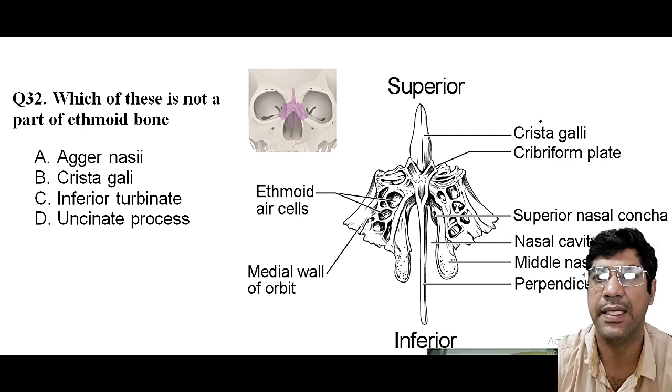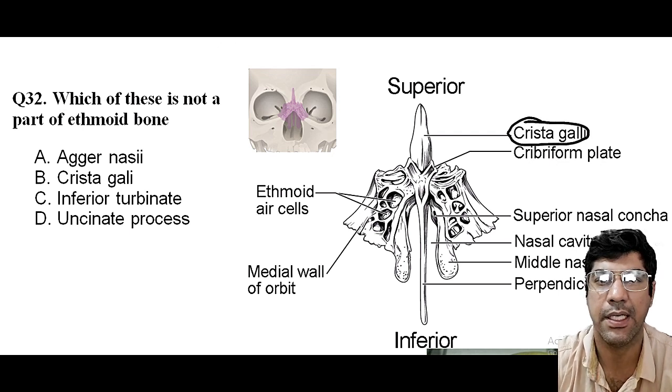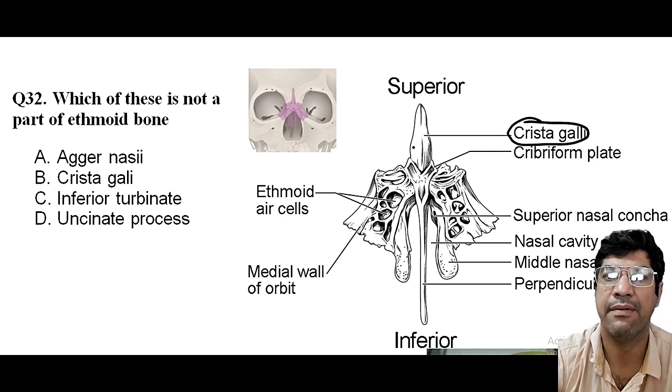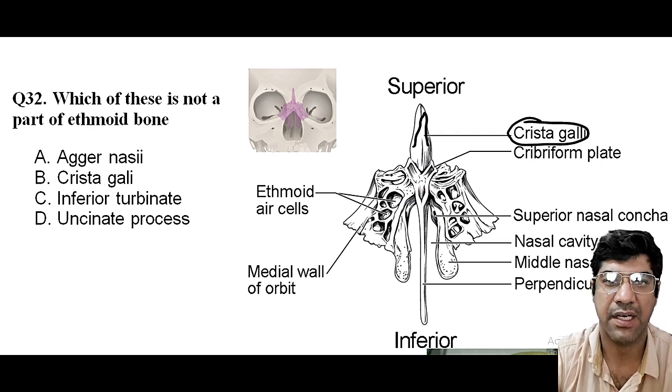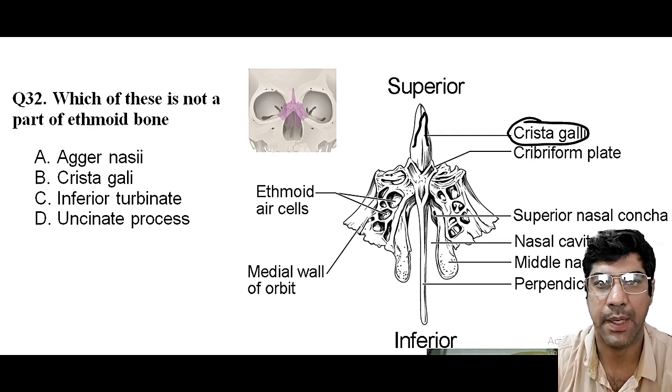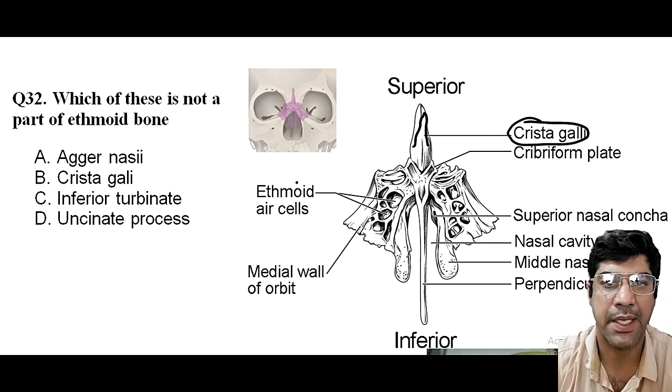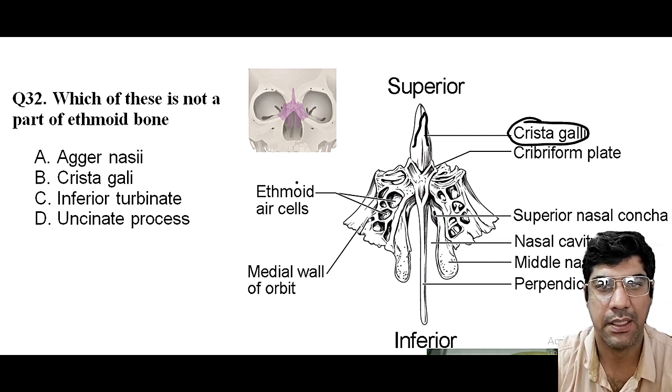This one is the crista galli. It is a bony ridge within the ethmoid bone that projects upward into the cranial cavity. It serves as attachment for falx cerebri that separates the two cerebral hemispheres. Inferior turbinate is a separate bone within the nasal cavity.